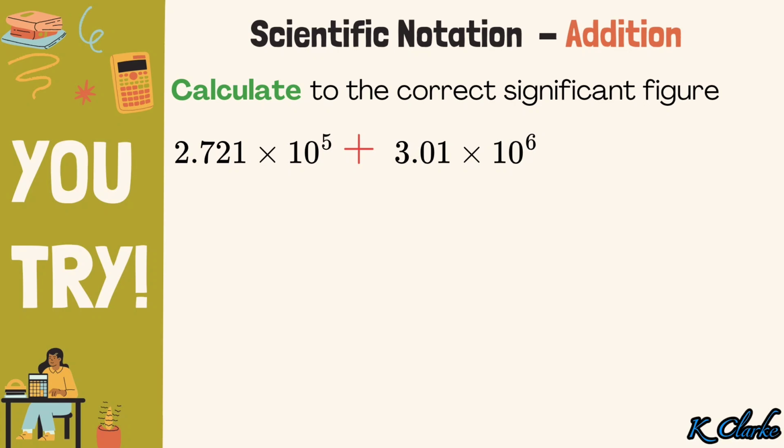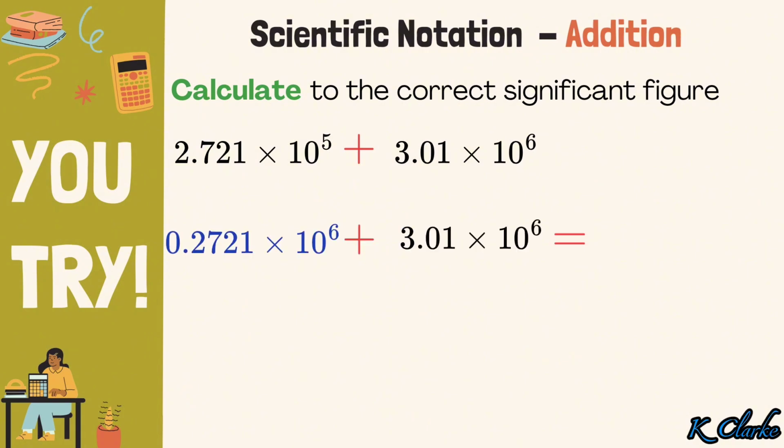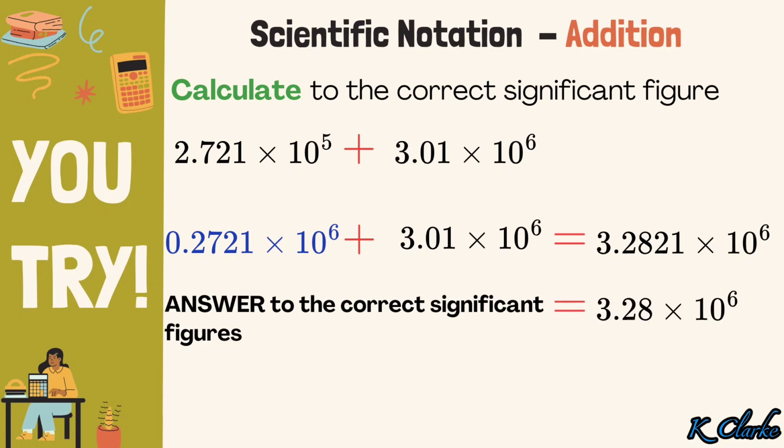First, convert the smaller value to the bigger one, then do your addition. The answer will be 3.2821 times 10 to the power of 6. The answer to the correct significant figures is 3.28 times 10 to the power of 6.